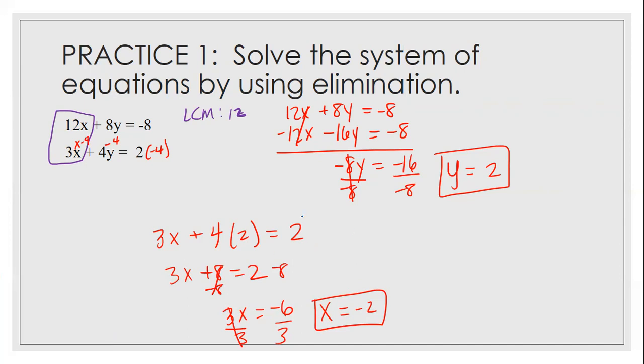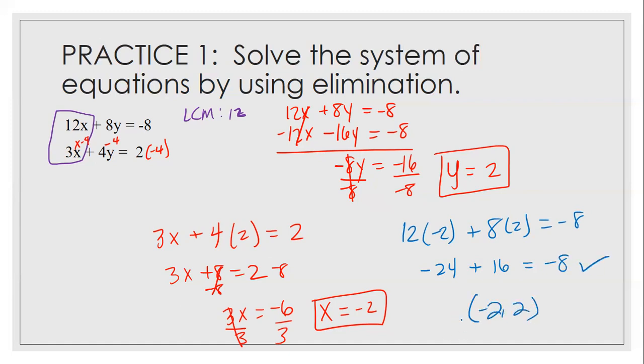But to do my final check, I'm going to plug it into the other one that I didn't use, or either one actually, doesn't really matter. But usually the other one. So 12 times negative 2 plus 8 times 2. Does it equal negative 8? That gives me negative 24 plus 16. And it does equal negative 8. So my solution is negative 2, comma 2.